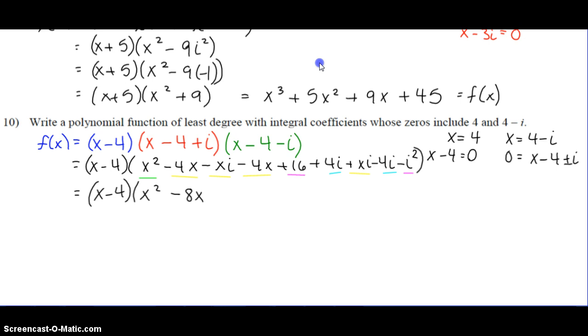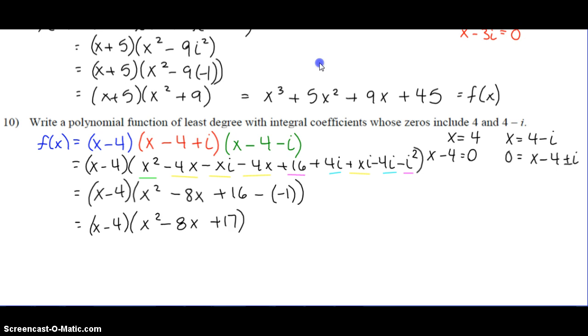We have minus xi, and then we have plus xi, so those are going to fall out. And then we have the plus 16, and we have the minus i squared, which we know i squared is equal to -1, so that's going to give us eventually a plus 1. So here we've got x squared minus 8x plus 17.